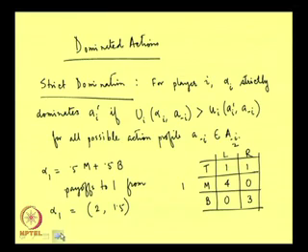So, here in this case, alpha 1 strictly dominates T. Okay. So, this is the basic idea of strict domination.